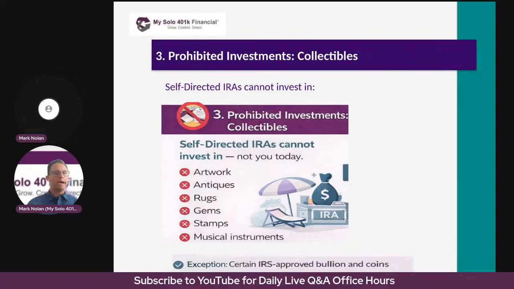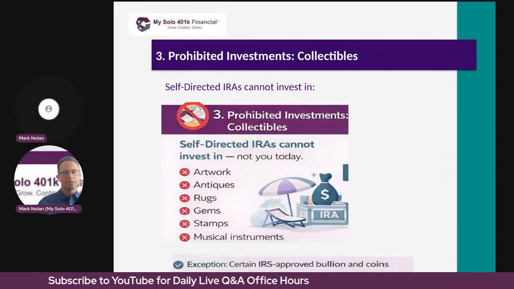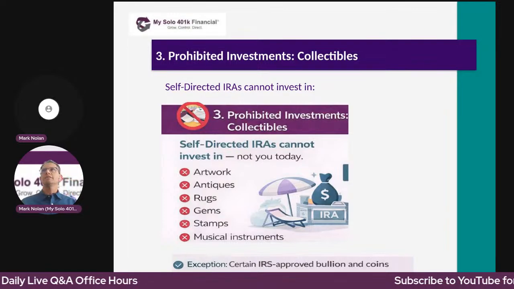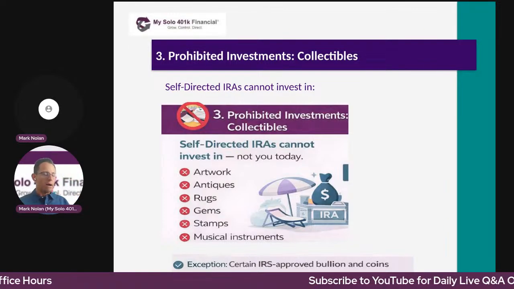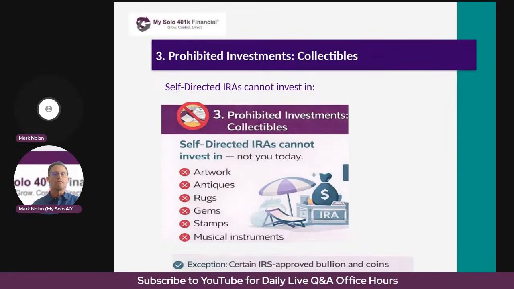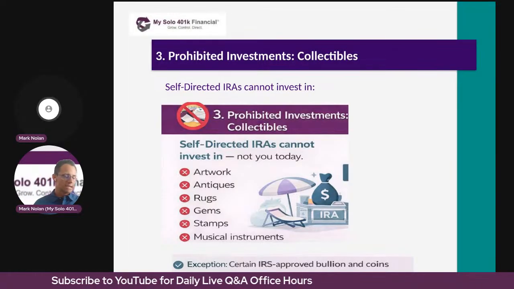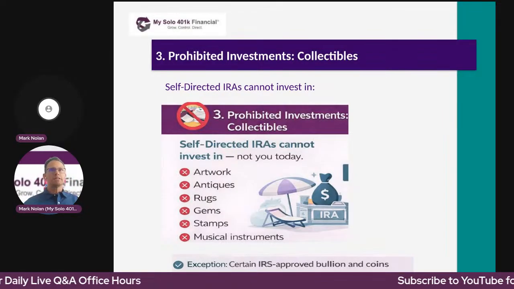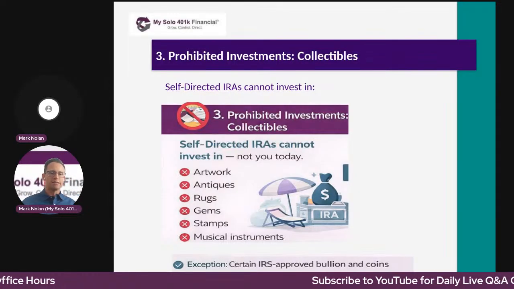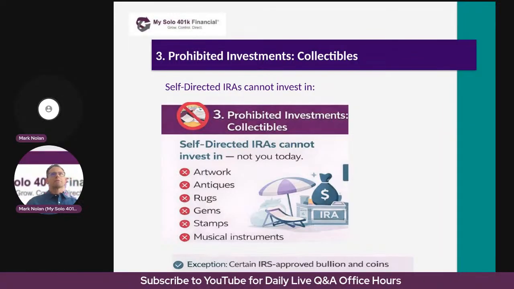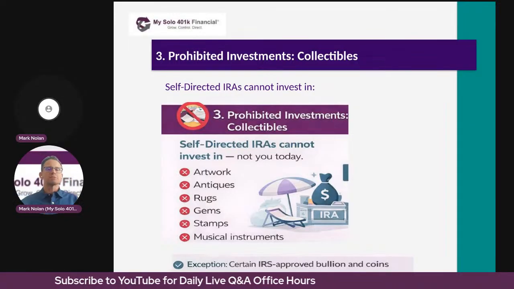Now, most metals are also prohibited. However, there are some allowed metals that can be held in a self-directed IRA or even a self-directed solo 401k. They generally have to be a certain type and a certain purity. The purity generally needs to be 0.9995 and up. And also, it has to be certain types of precious metals, such as gold and silver.